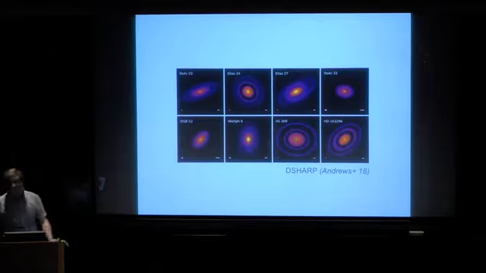The striking thing and the main result of this survey, which many of you will have seen, is that there's a lot of non-trivial structure in these systems. They're not purely radially smooth declining profiles of dust surface density emission.